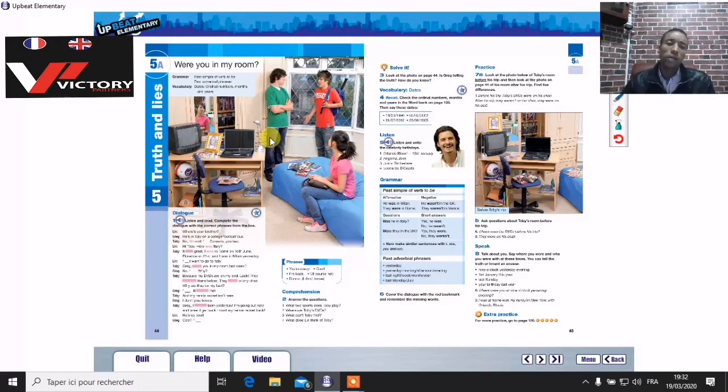So we have in the picture a computer, magazines, a photograph, a chair, a ball right here, and a TV, some books, right? And a lamp here, right? So these are the things that show on the picture.